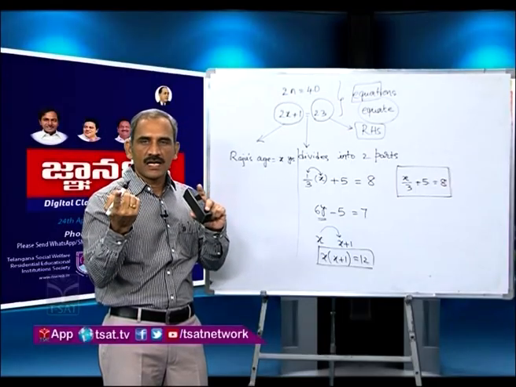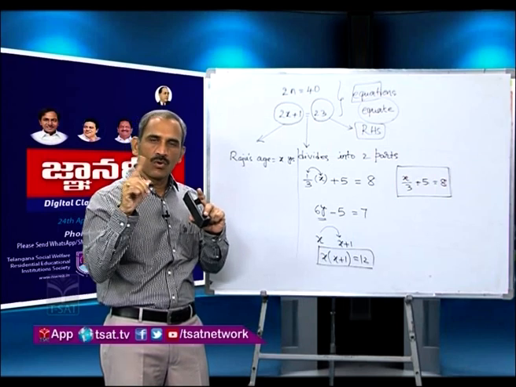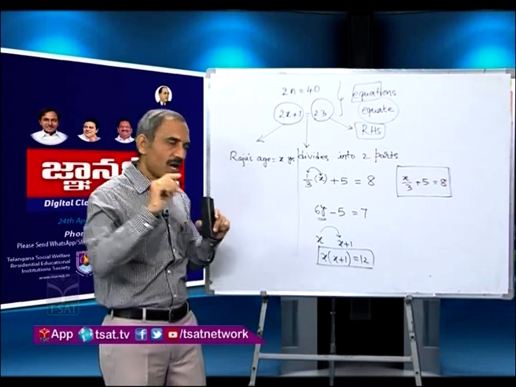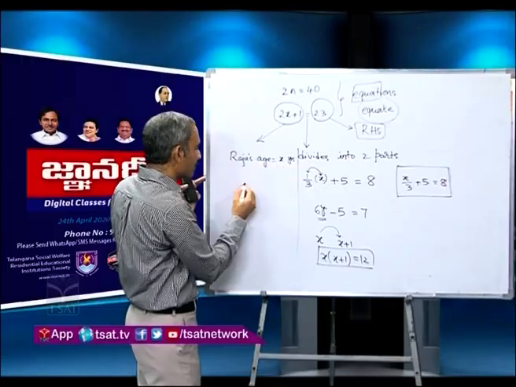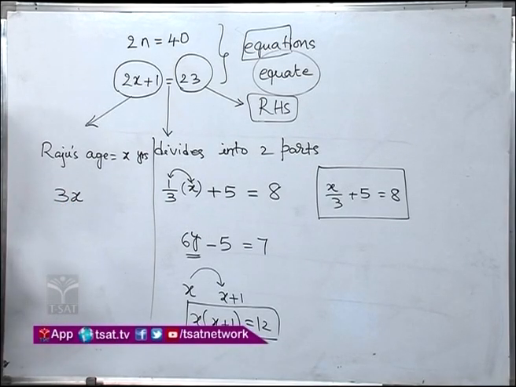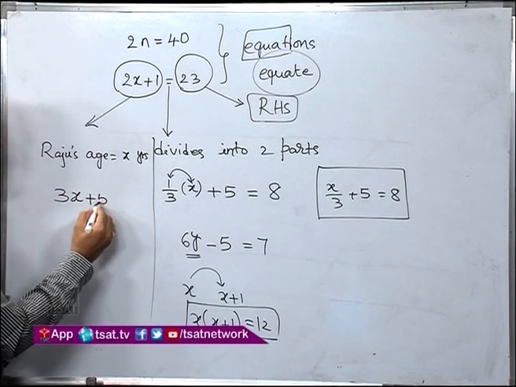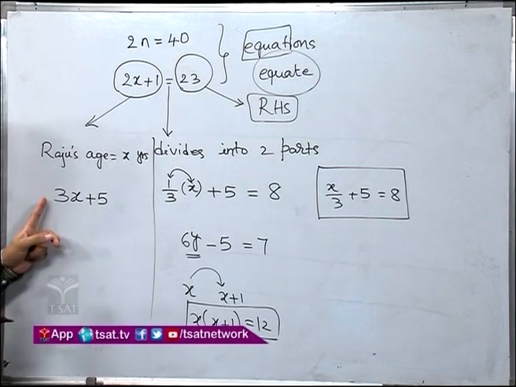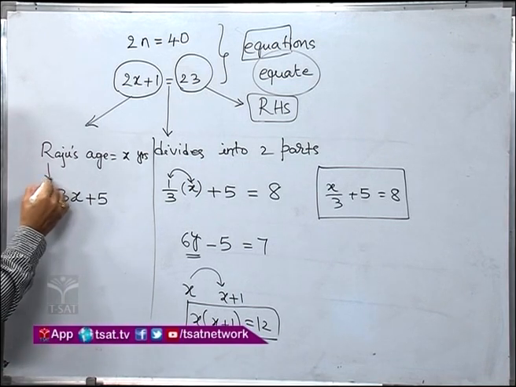Raju's father's age is 5 years more than 3 times Raju's age. What is 3 times Raju's age? That is nothing but 3x. 5 years more. More means you have to use the symbol plus. 5 years more. This is the age of his father.